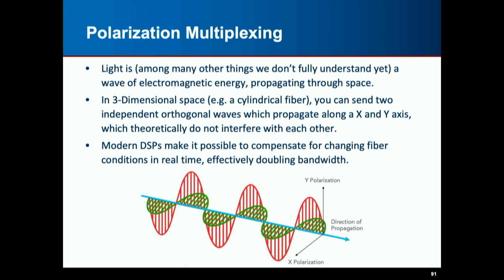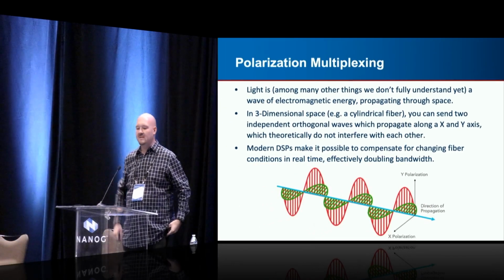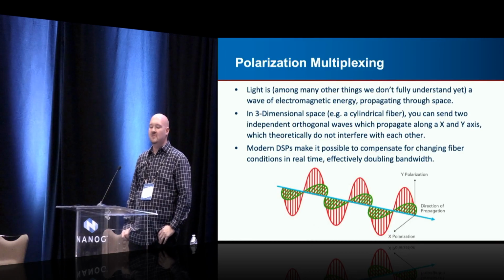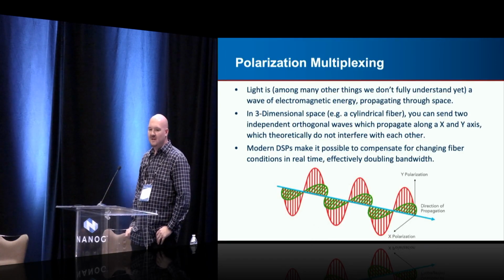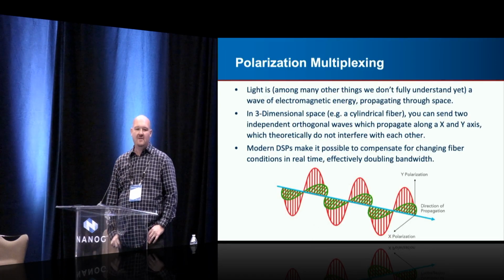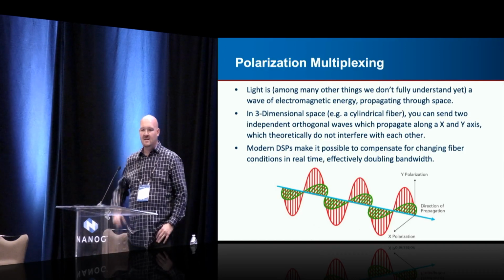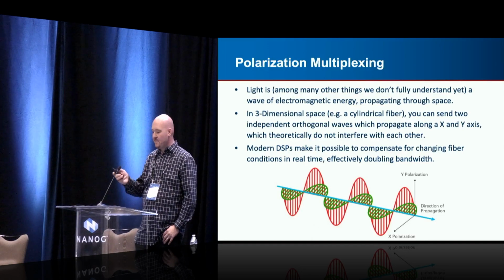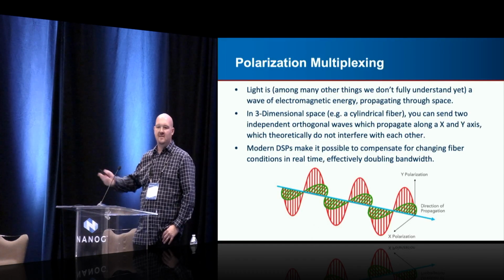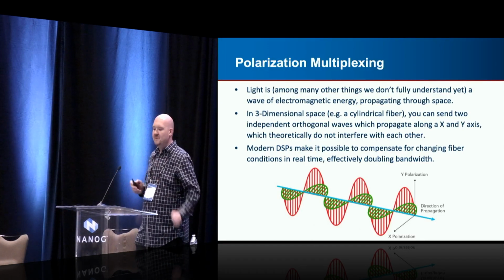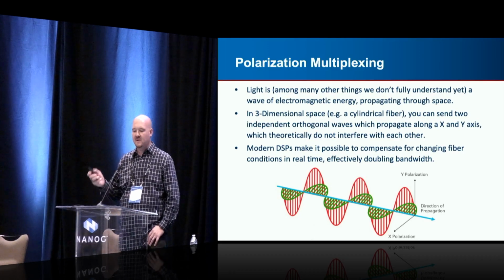And as long as they're completely orthogonal to each other, they will propagate without interference. So you can basically double the amount of capacity that you can send through a fiber by sending these two polarizations of light. And the DSPs decode all of this in the end and computationally recover what you were trying to put in there.